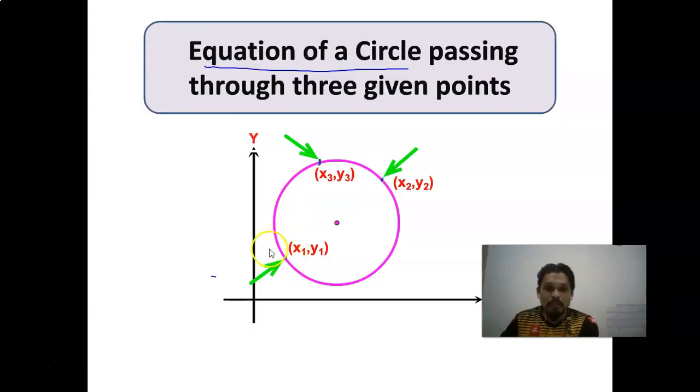Let's say I name these P, Q, and R. You can label them any letters that you want, as long as we can see that there are 3 points on the ring of the circle, and this is the coordinate of the center.